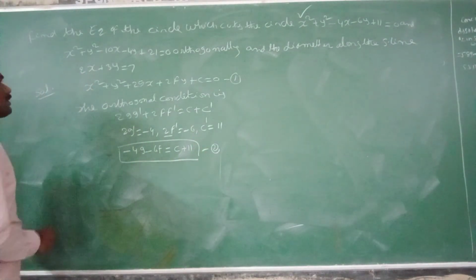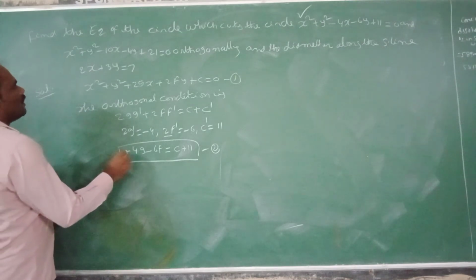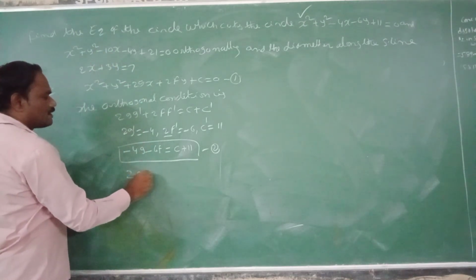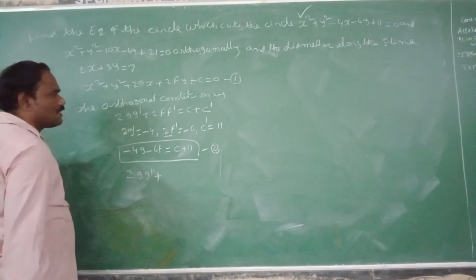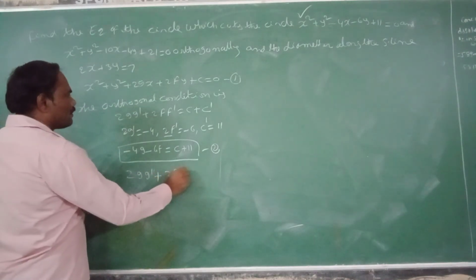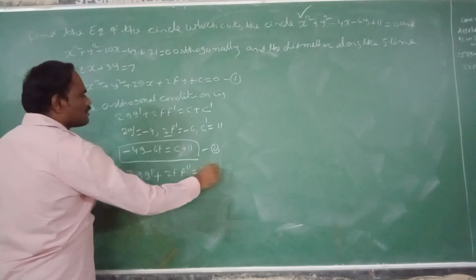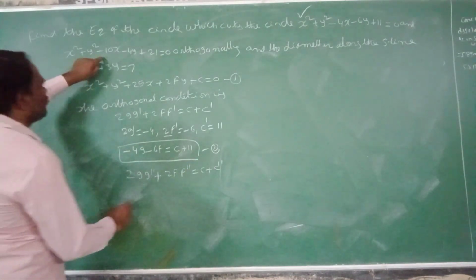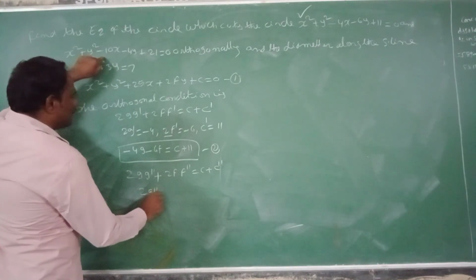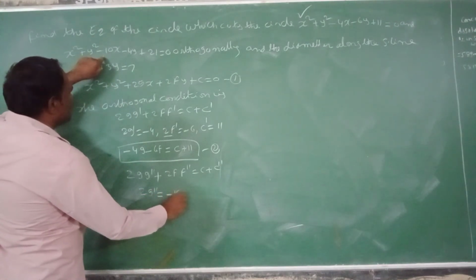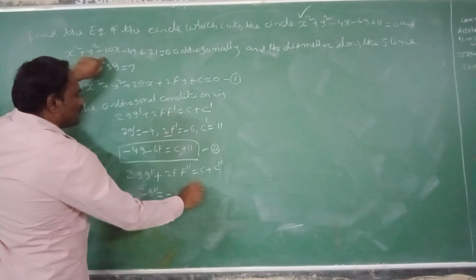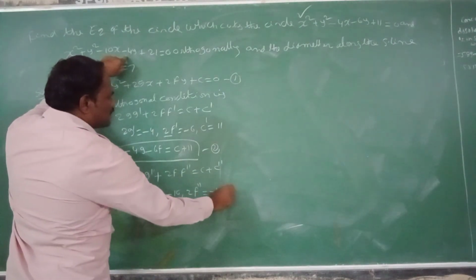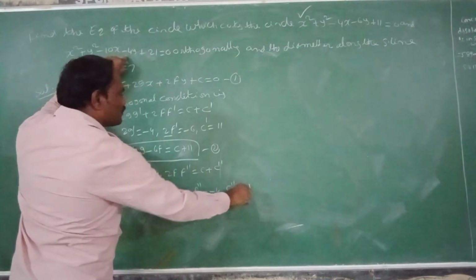Also given the required circle is orthogonal to the second circle. The orthogonal condition is 2gg'' plus 2ff'' is equal to c plus c''. So 2g'' is equal to minus 10, 2f'' is equal to minus 4, c'' is equal to 21.